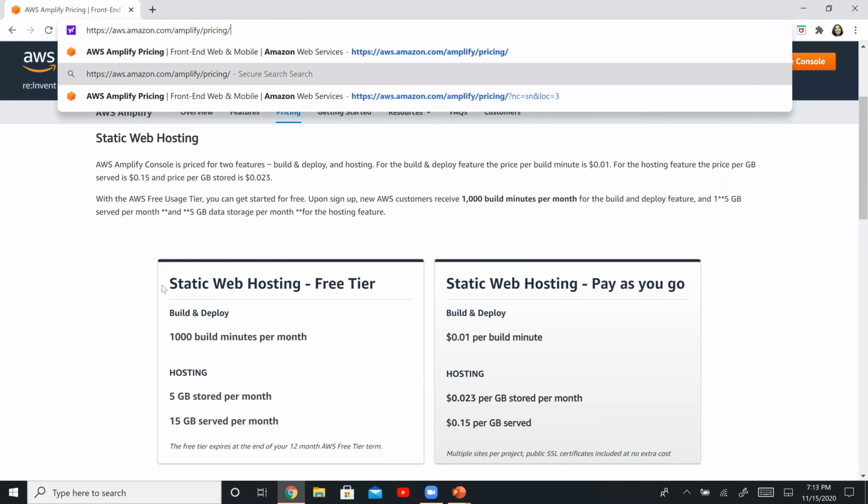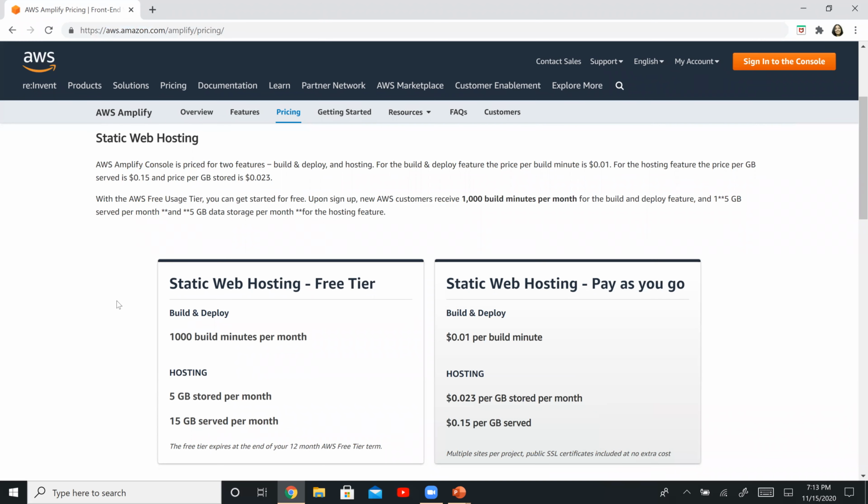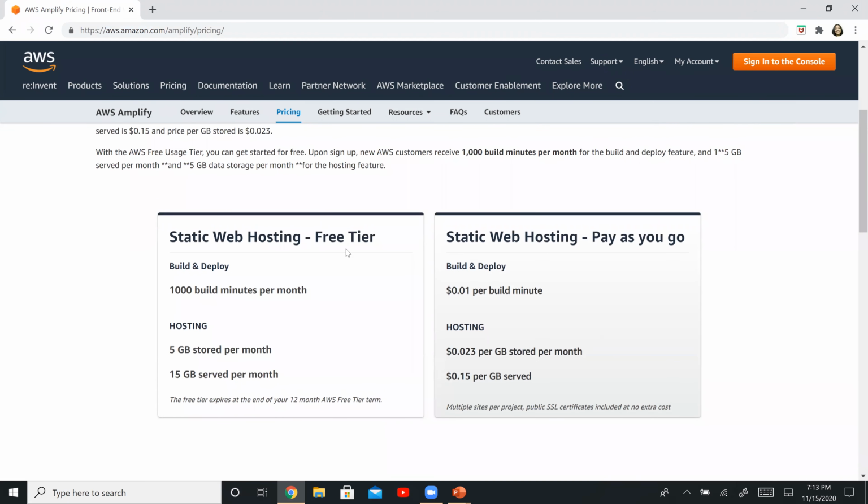Over here, let's look at this, right? So we have the static hosting for free tier. For build and deploy, the first 1,000 minutes are free per month. After that, you pay 0.1 cent per minute.